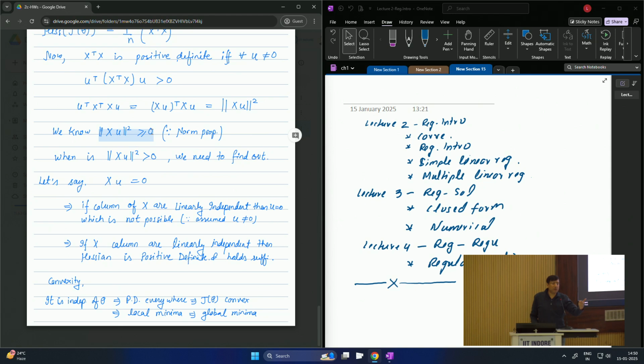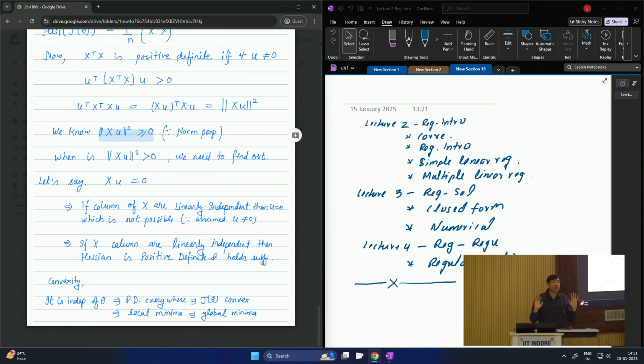If your X, which is formed from this 0 and X matrix which we saw, has linearly independent columns, then this candidate for minimizer will be a minimizer, and it will be a global minimizer. Let's say the candidate for minimizer you get, and this X has linearly dependent columns.